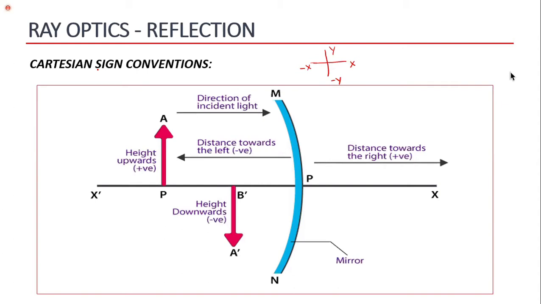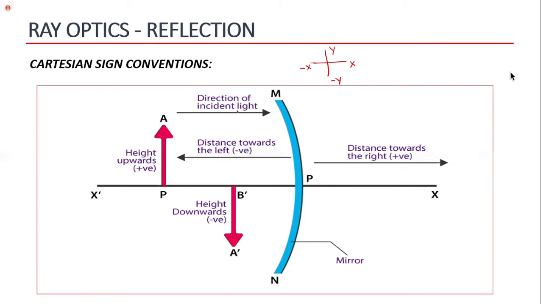If you are not comfortable with Cartesian sign convention, for example, to say in the direction of incident ray, I am taking it as positive, in opposite direction of incident light, I am taking it as negative, mention that also. Anything, you have to mention your sign convention.